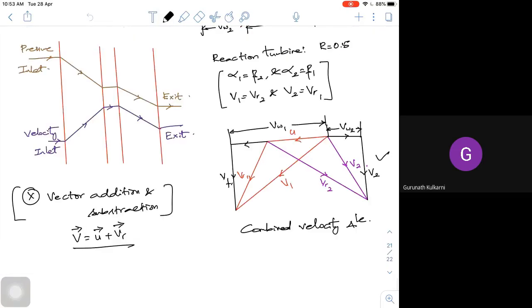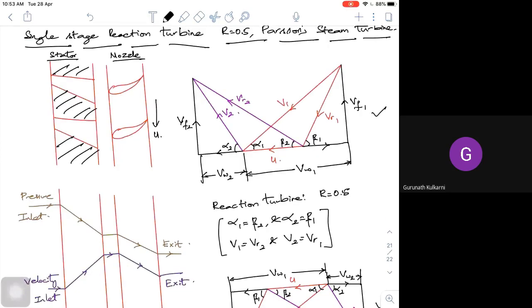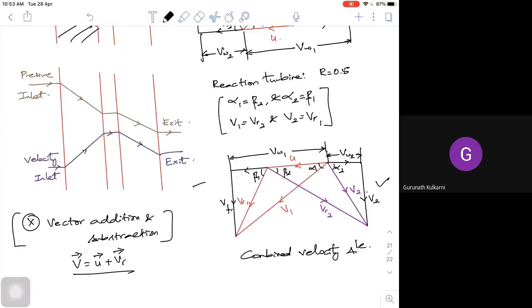If you look into these velocity triangles, this is your alpha 1, alpha 2, and beta 2. From now onwards I can use either type, and both will end up with a similar kind of solution.